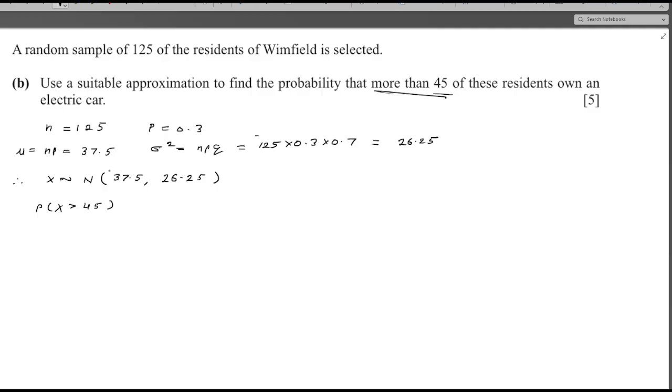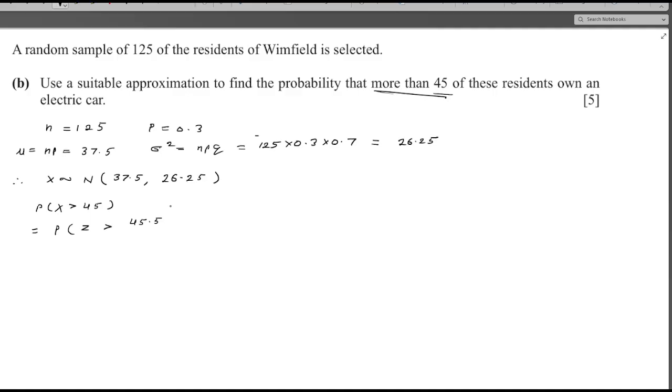Now binomial distribution, we are approximating to normal distribution. So we will use the continuity correction. And I will say that the possibility of X greater than 45 will become the possibility of Z more than (45.5 minus mean 37.5) divided by the standard deviation, which is the square root of 26.25.